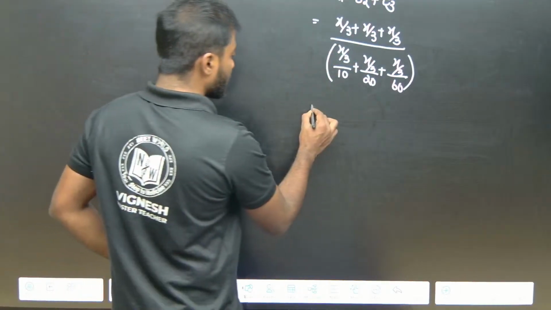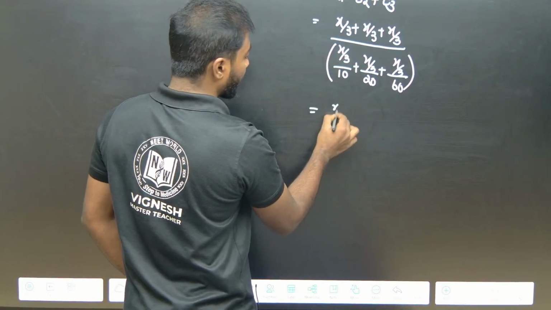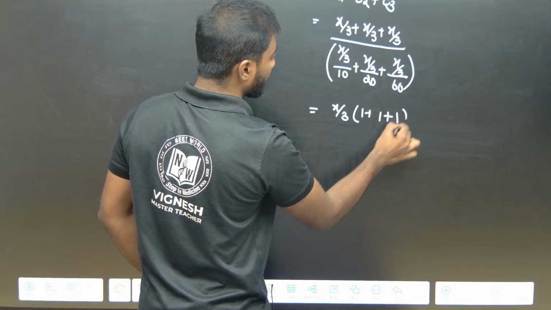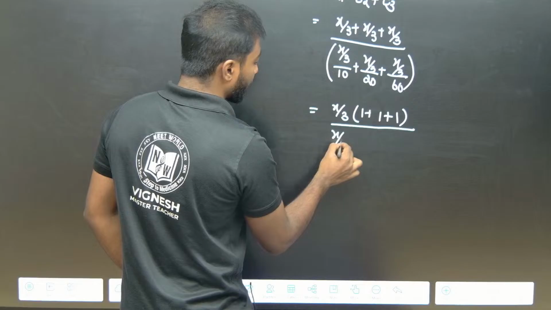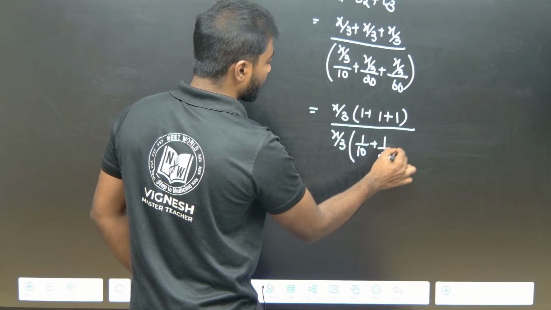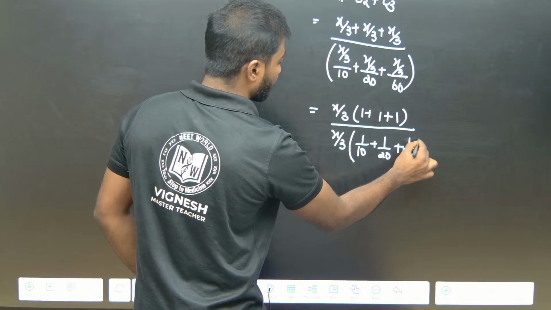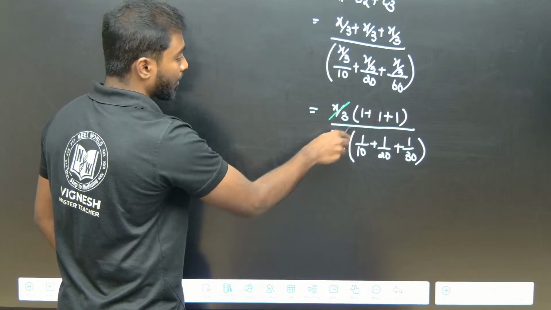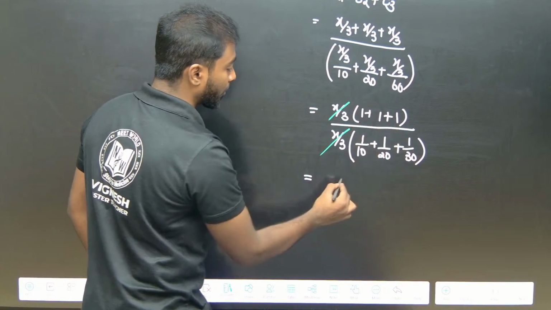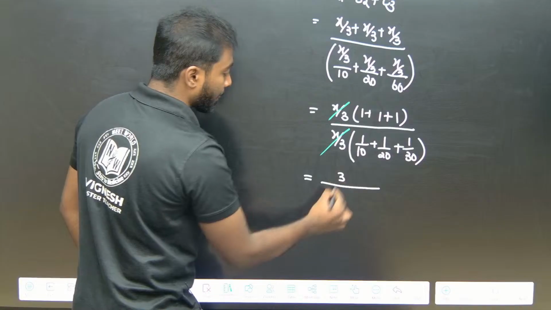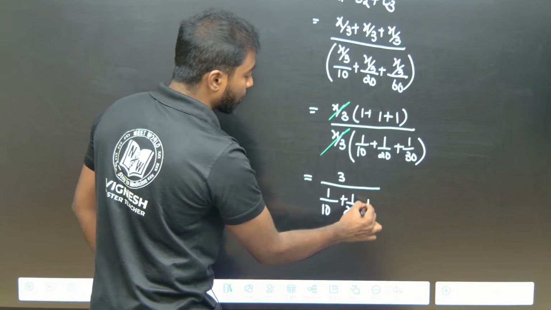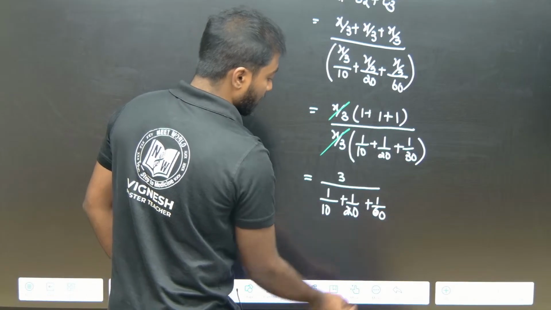So it is 1 plus 1 plus 1, divided by 1 by 10 plus 1 by 20 plus 1 by 60. So x by 3 cancelled out. So it is 3 divided by 1 by 10 plus 1 by 20 plus 1 by 60, right?